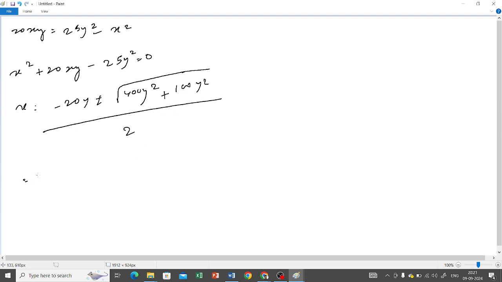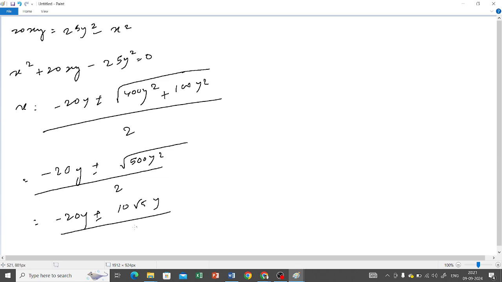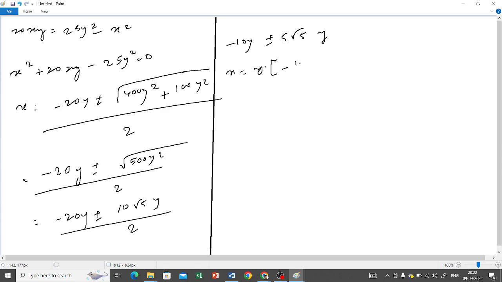So this is what I'm getting, x equals to y into minus 5.